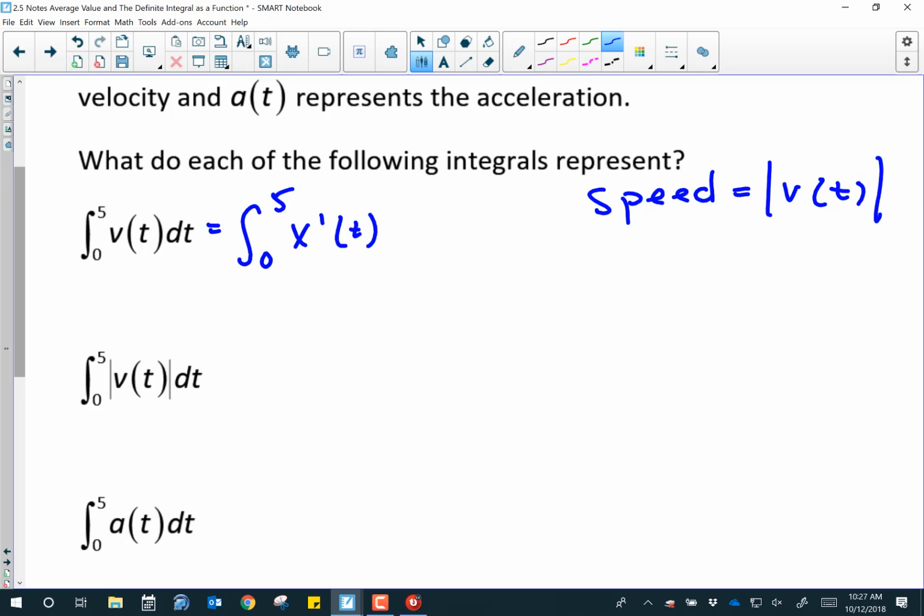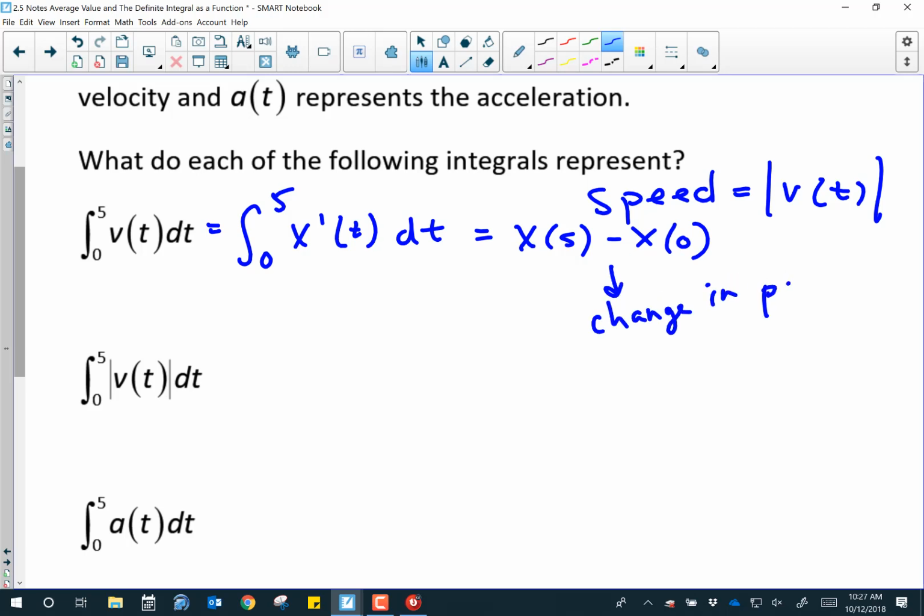If we use x as our position function, then velocity is the derivative of x, right? So using the fundamental theorem of calculus, that would be x of 5 minus x of 0. And if you just read that statement, it's the change in position from 0 to 5. It's how much my distance changed.